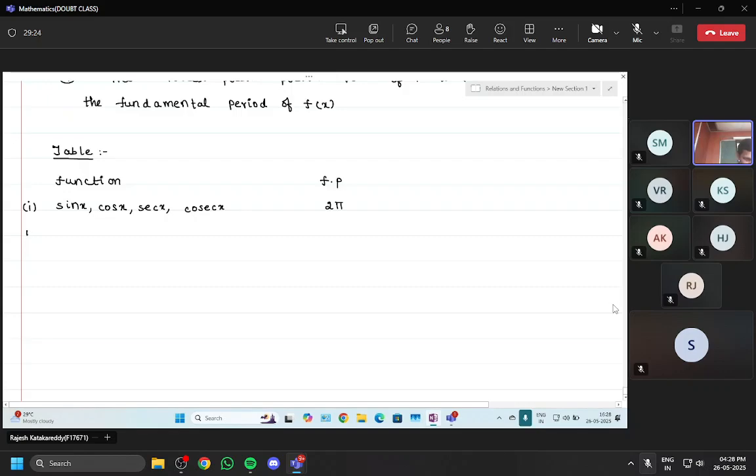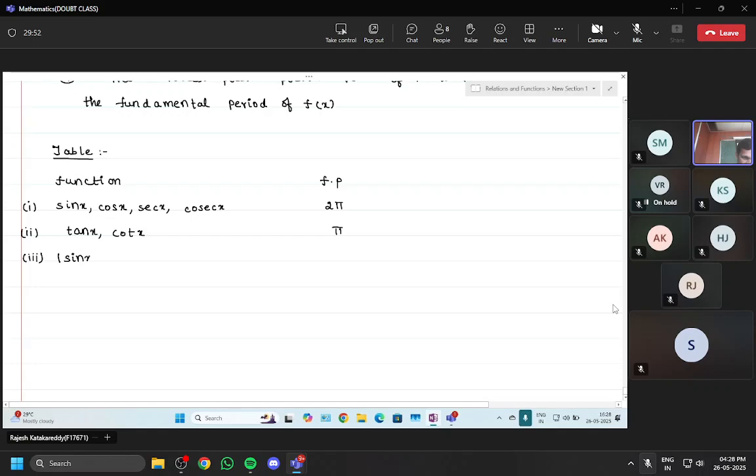Now, second, let's say I'm taking the remaining two trigonometric functions, tan x and cot x. These two are also periodic, but the fundamental period is pi here. You can see tan of pi plus theta is tan theta. Using that, we can say this. Now, in the third one, maybe before going to power n, let us write modulus.